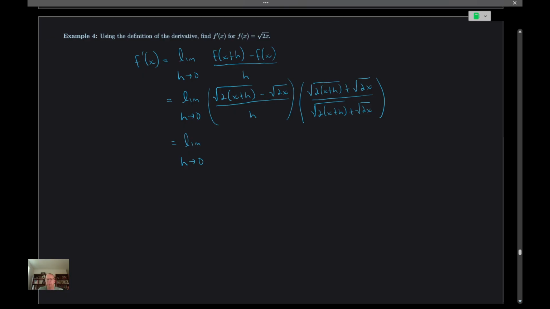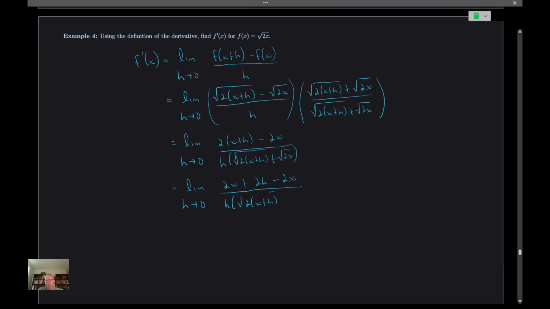So it's just all multiplied together. So we have 2 times x plus h minus 2x, and that'll be all over h times square root of 2 times x plus h plus square root of 2x.